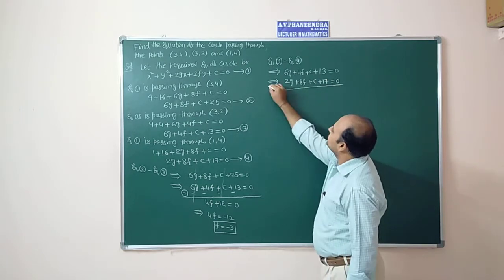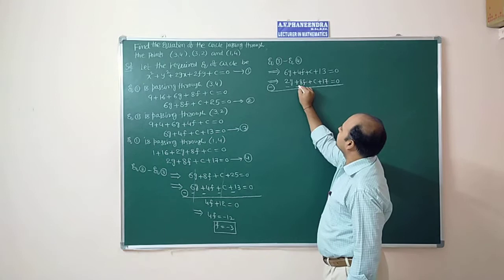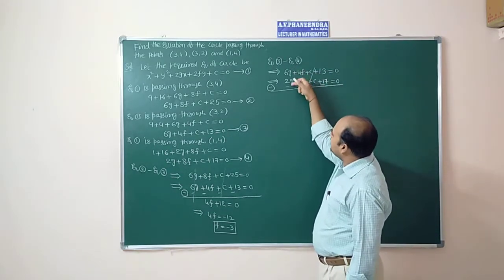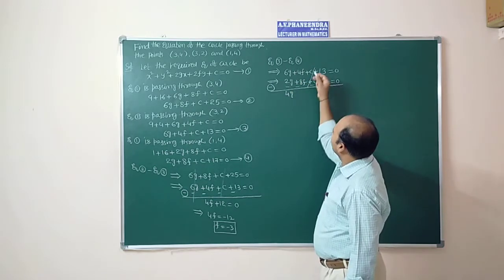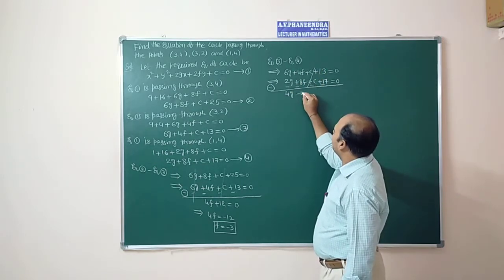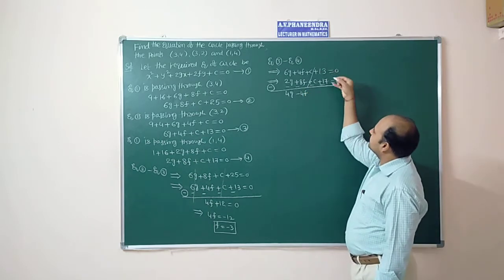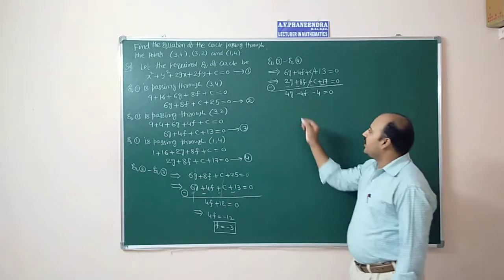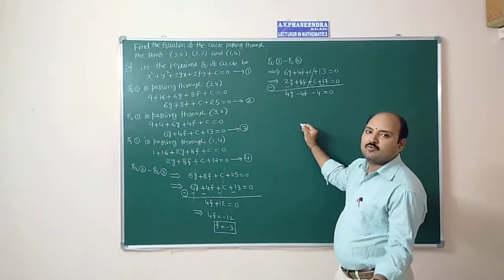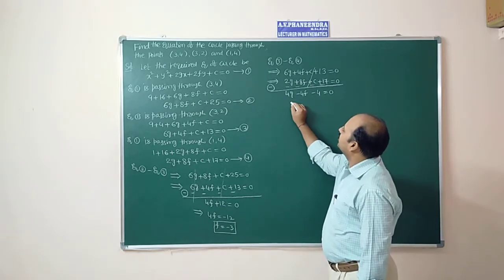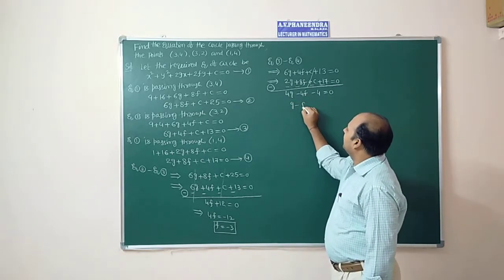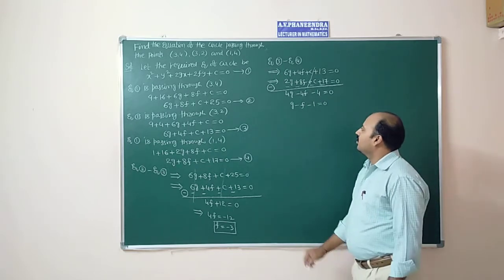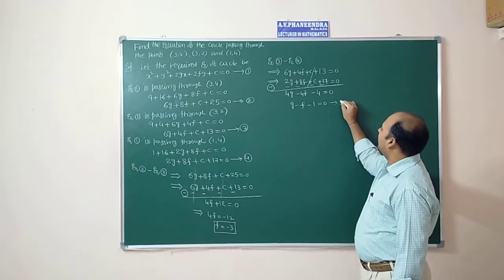While subtracting, the signs change. Plus c minus c get cancelled. 6g minus 2g is 4g. 4f minus 8f is minus 4f. 13 minus 17 is minus 4 equal to 0. All are multiples of 4, so dividing each and every term by 4: g minus f minus 1 is equal to 0. Keep this as equation number 5.